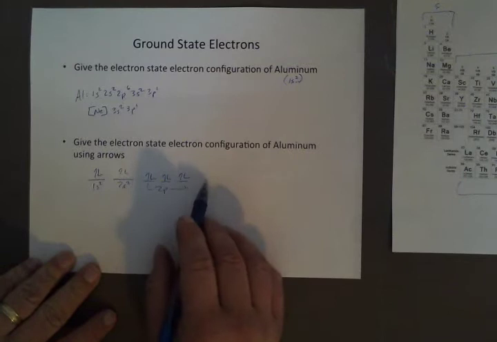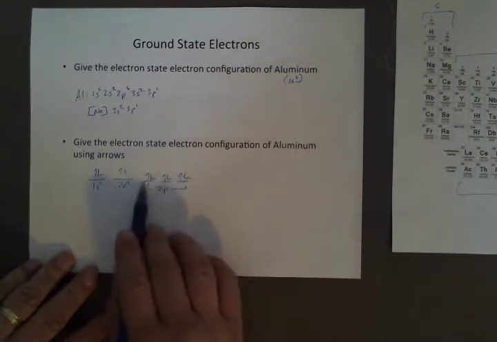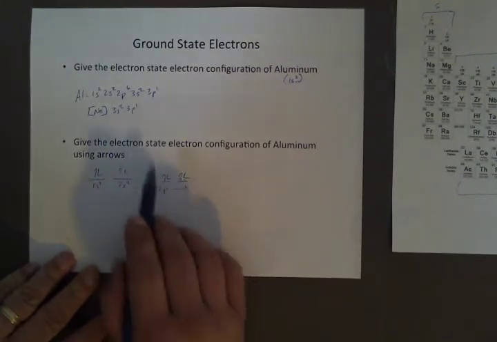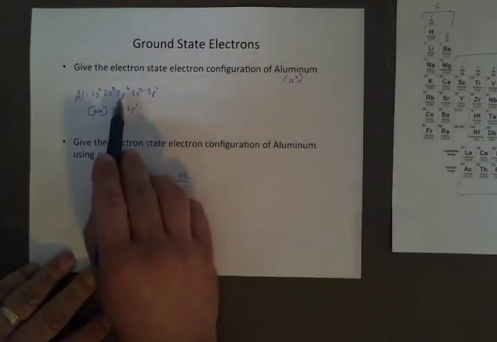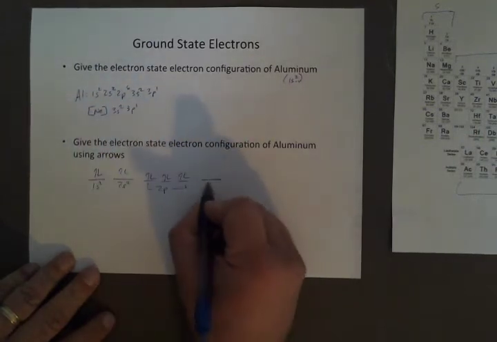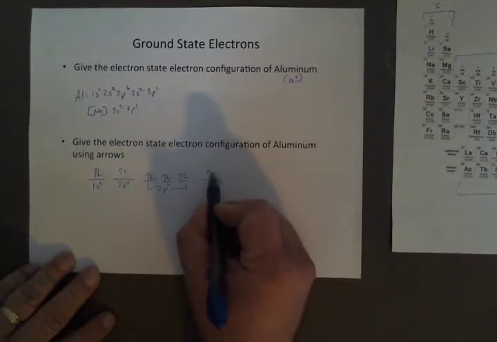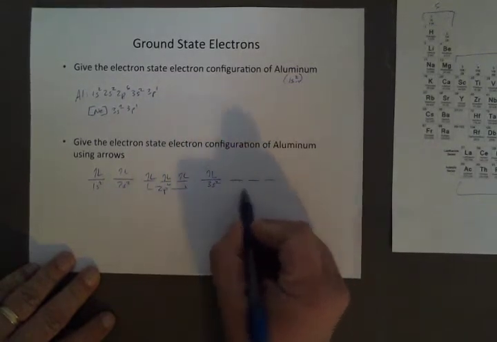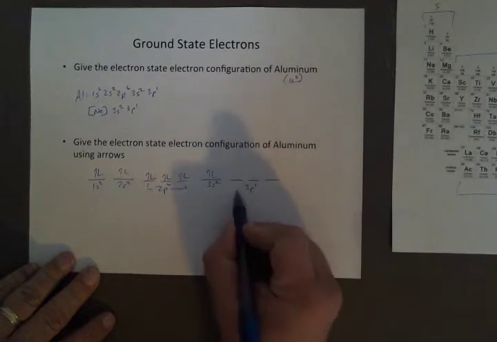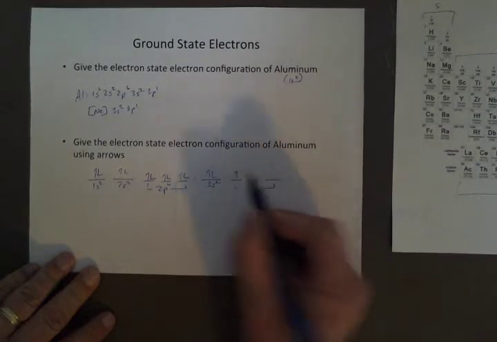You do the ups and then you do the downs, because they want to be individually before they want to be paired. Then 3s, there's 2 of them, and then 3p, so we have 1, so we'll just have an up.